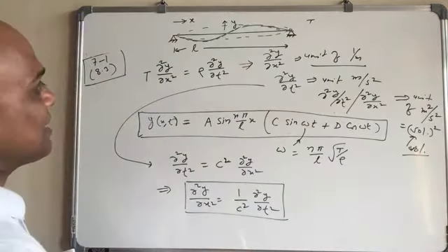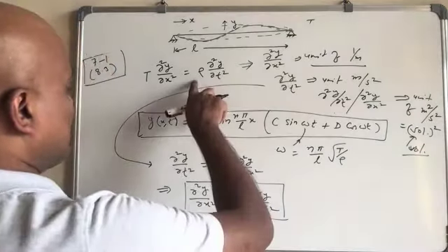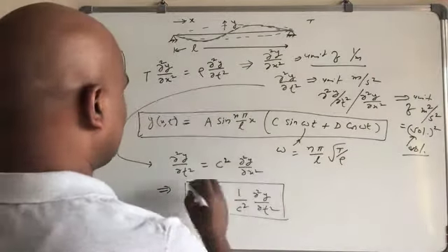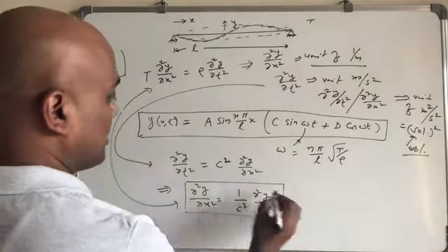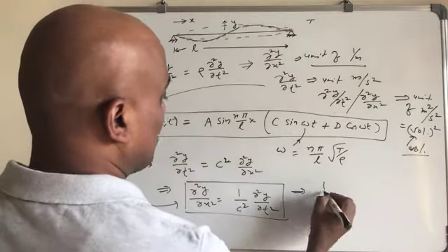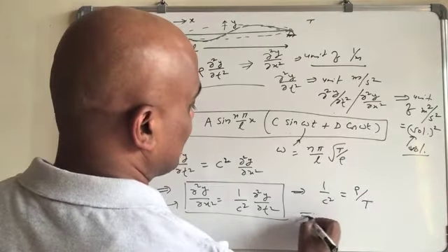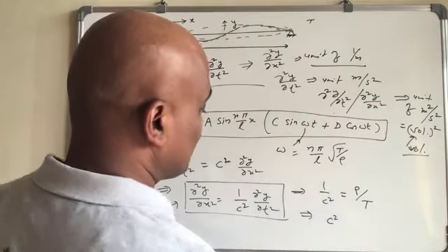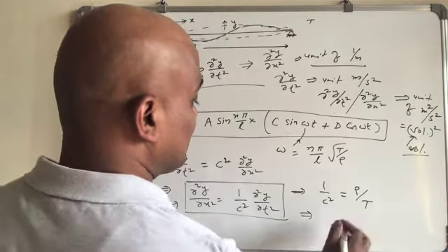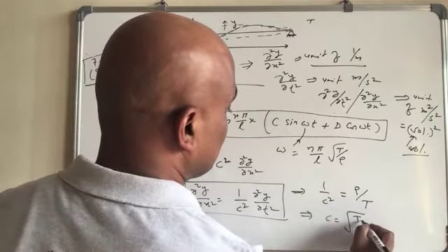So that really means if you compare with here, what do you get? Comparing with this one, you get simply 1 over c² equal to rho over T, or c equal to root T over rho.